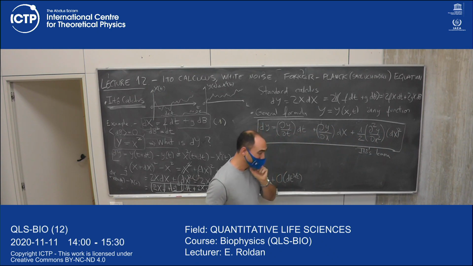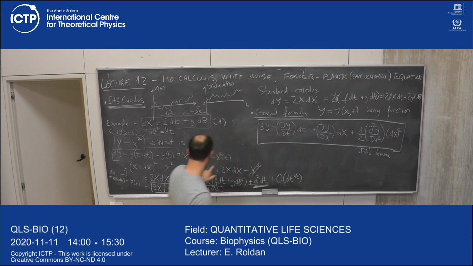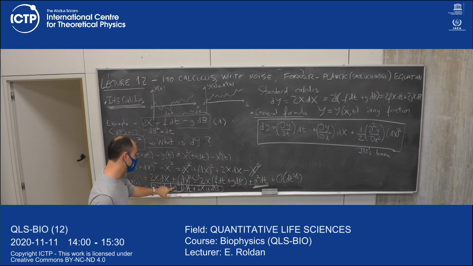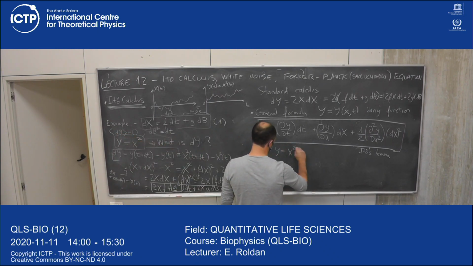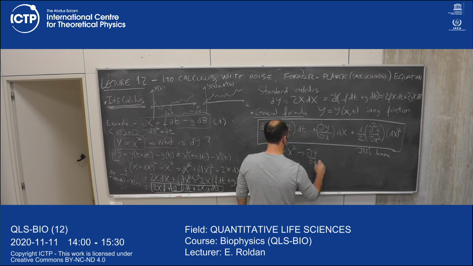I haven't given you the proof of this equation mathematically. I have given you the proof for one example, which is here. Here you see that the second derivative of y is important. You see that there is a term g squared dt. So if you say y is equal to x squared, the first derivative of y with respect to x is 2x.